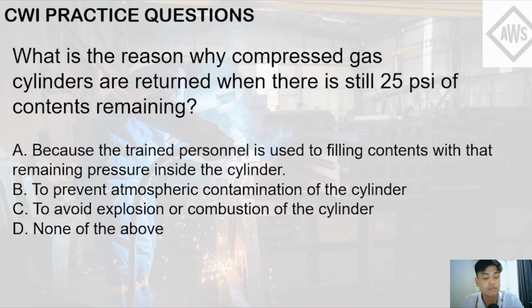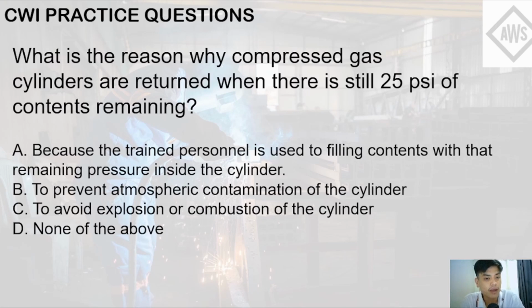This is a good answer because if you have pressure contained in that cylinder, the atmospheric gases will not be able to enter it, because the pressure of the atmosphere is what? 14.7 psi. So basically, it will not be able to contaminate the contents of the cylinder. So letter C, to avoid explosion or combustion of the cylinder.